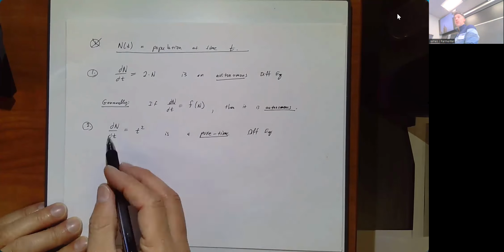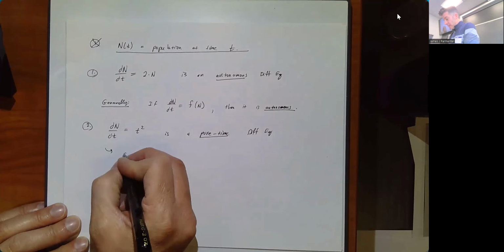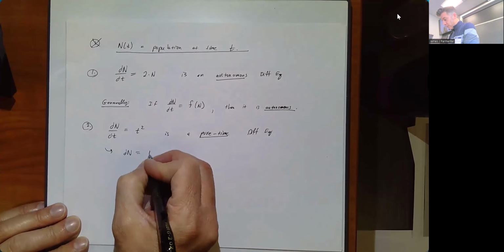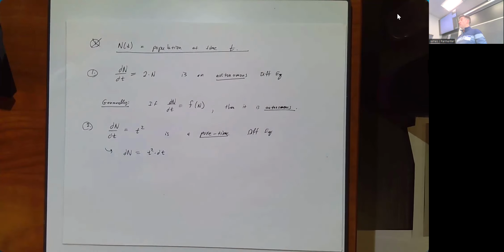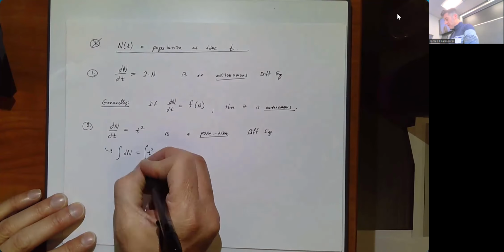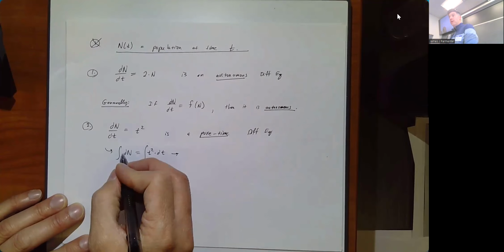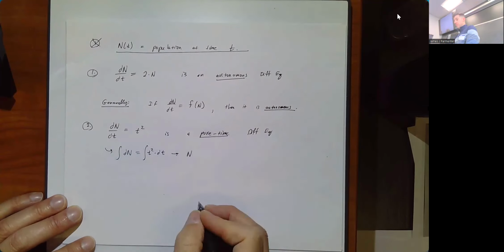I will point out here that you could solve this, right? We could say that dn is equal to t squared times dt. What we're doing here is what's called separating variables again, and then we could integrate both sides. The integral of 1 times dn is just n.